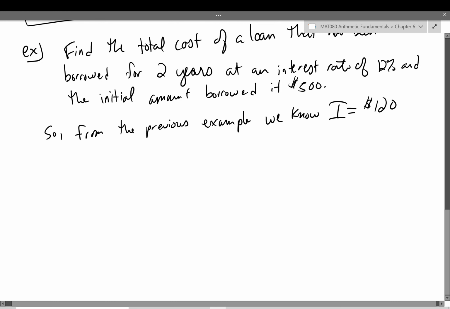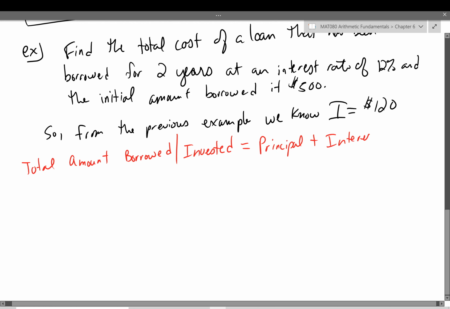Now, the total amount borrowed, and this even applies to invested, is going to equal the principal plus the interest.